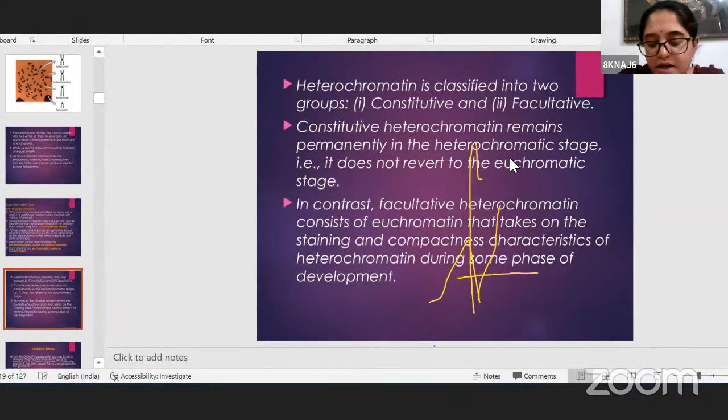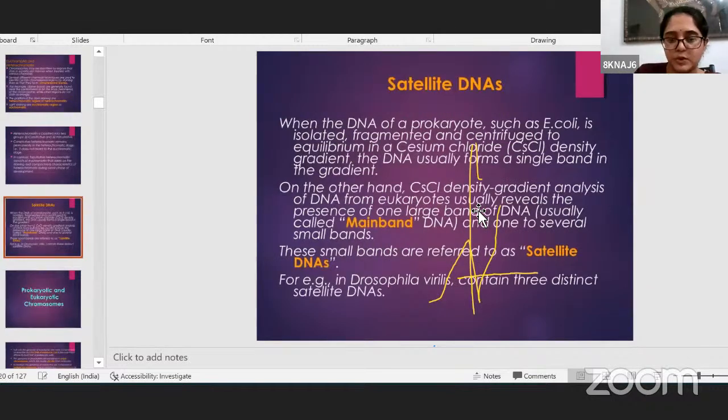Again, heterochromatin has two groups. Constitutive, which is always present permanently and does not get changed to the euchromatin stage. But facultative heterochromatin has euchromatin characteristics, so whenever it takes stain, the compactness characteristics change. So it can turn into euchromatin at any point of time depending upon the situation.